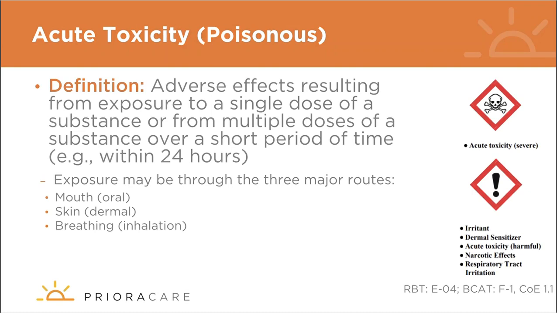The first category is acute toxicity, or poisonous. This is defined as those adverse effects resulting from exposure to a single dose of a substance or from multiple doses of a substance over a short period of time, such as within 24 hours. Exposure may be through the three major routes: mouth, oral, skin, dermal, or breathing, inhalation.